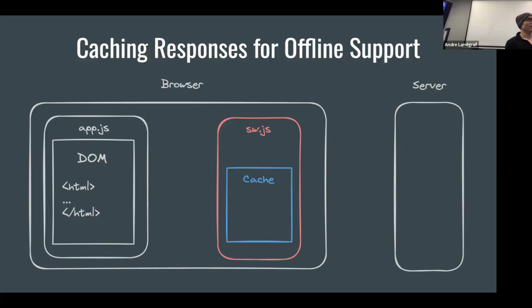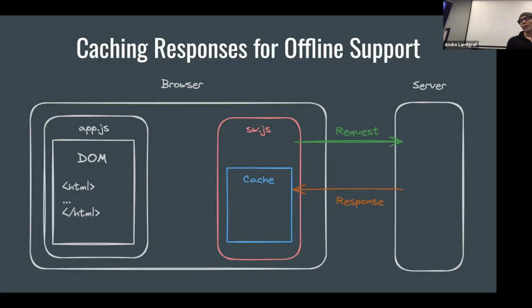So the answer to that is another feature that comes with service workers, and that is the ability to cache assets. So in a service worker, let's say when you send a request to the server and you get back a response, that response can be cached.